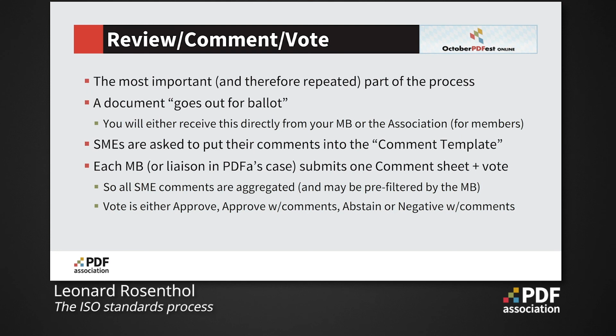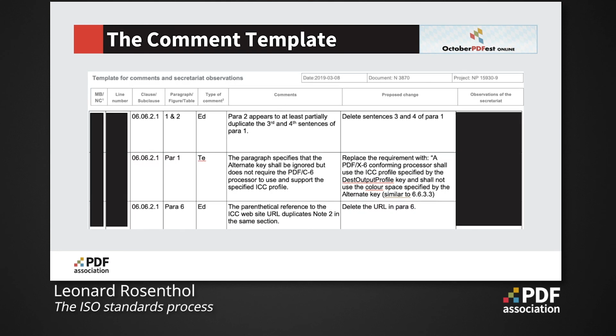And then the comment template. You will come to either love or hate this document, but you will become very familiar with it. It is a Microsoft Word file, and it is this big table, and you can't change it in terms of resizing columns or messing around with things at the top.